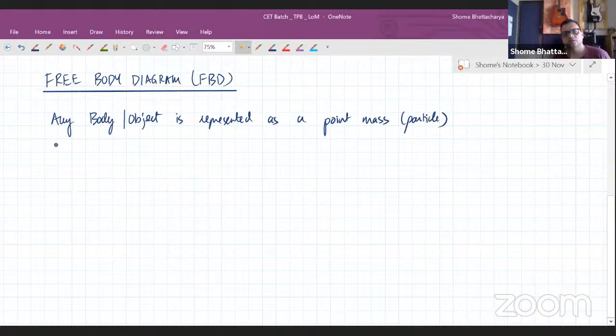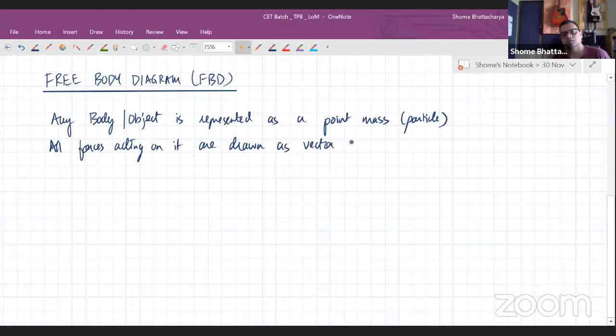First step. Okay. Then all forces acting on it are drawn as vector arrows originating from that point mass. Okay.